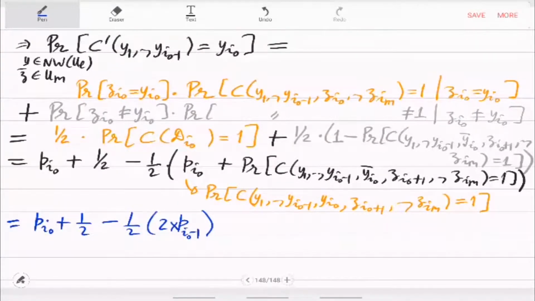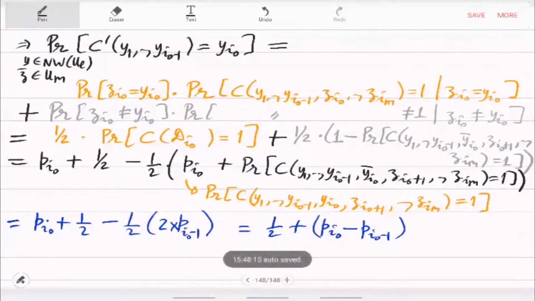Okay. So, this gives you half plus Pi0 minus Pi0 minus 1. Right, and that is a big advantage, because you know that Pi0 minus Pi0 minus 1 is a probability difference that is at least 0.1 by m. So, you get this much of advantage.